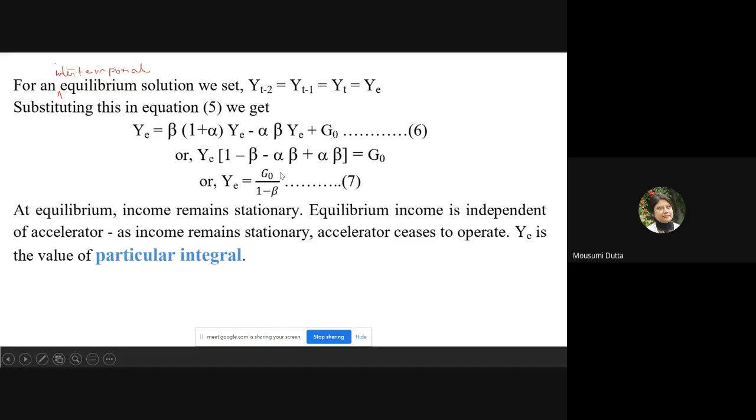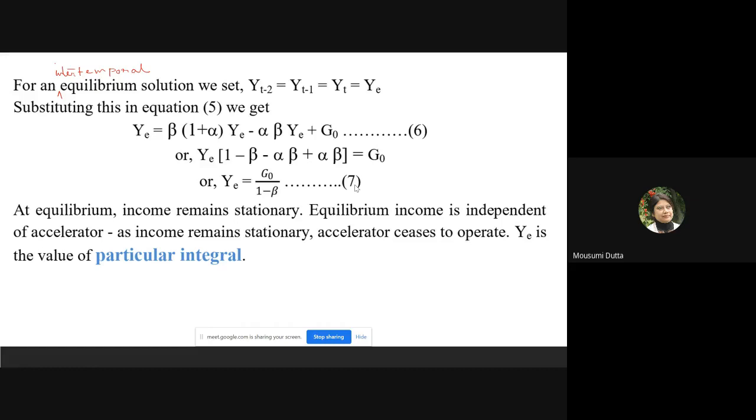G0 is a given positive constant because this is a government expenditure. If we follow the strict inequality, generally for MPC, we follow the strict inequality, though theoretically the minimum possible value is 0 and the maximum possible value is 1. Generally, 100% of income will not be consumed, so the value will not be exactly equal to 1, and over the period, consumption is an increasing function of income.